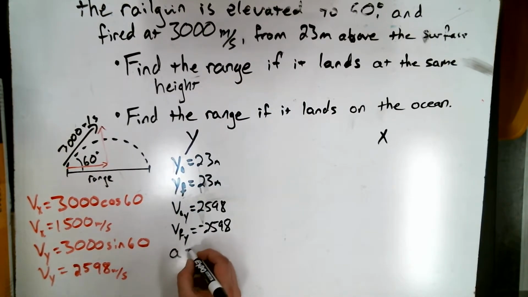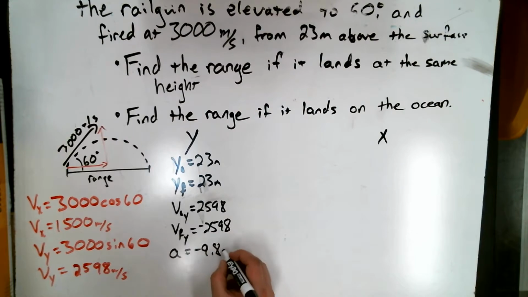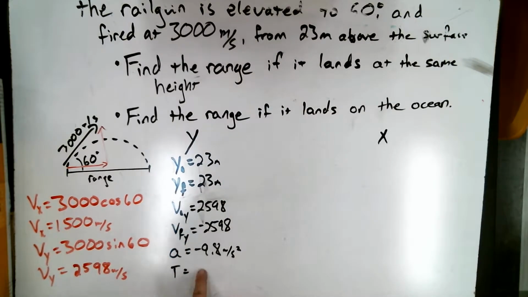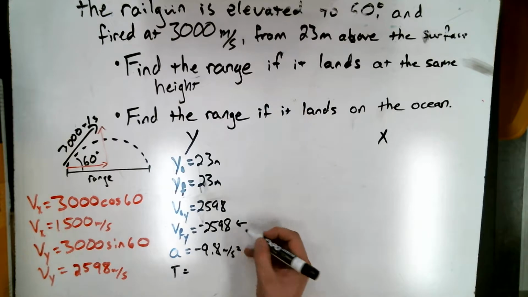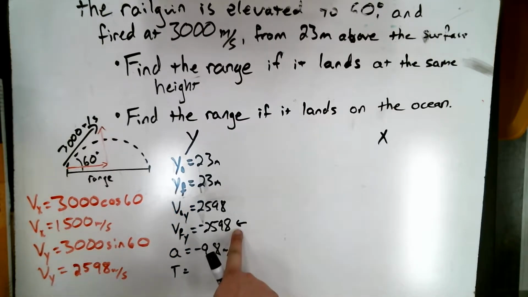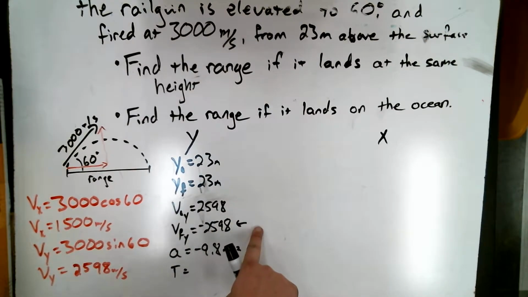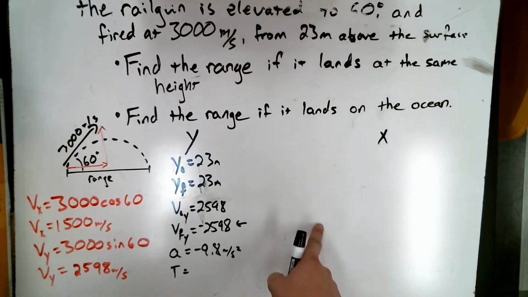The acceleration is negative 9.8 meters per second squared. Time we don't know. So if I want to find the range, I need to find the time it is in the air. This piece right here is an extra piece of information because we are landing at the same height. We can use the quadratic, which we've done before, and solve for time.